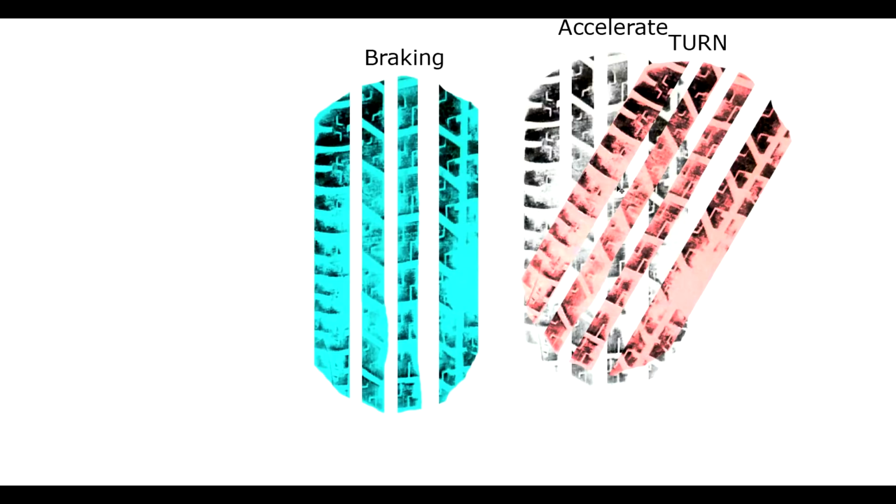So I'm turning and I need 100% grip and I start to hammer on the throttle, the gas pedal, and I'm taking away grip that I may have needed for the turn, and I'm trying to give it to accelerating before I have finished the turn. So now instead of 100% grip for turning, I have maybe 50%. And another 50% is going to try and accelerate the car.